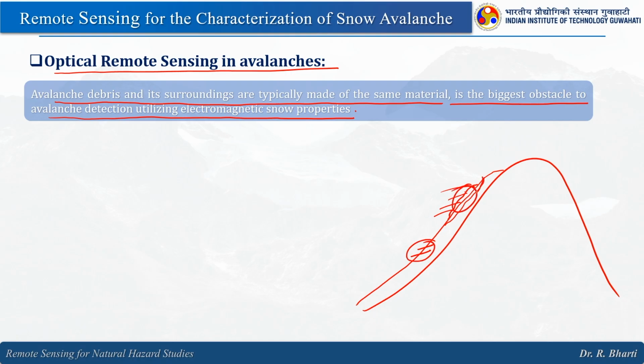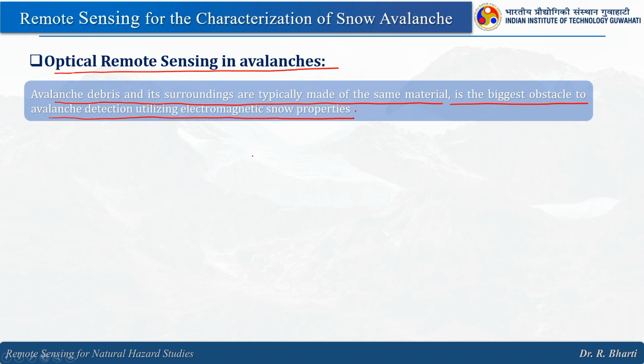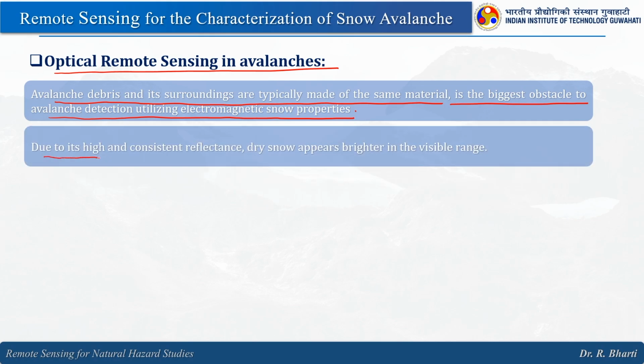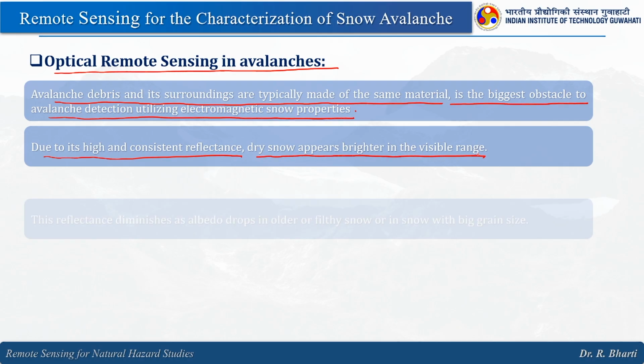So, it is very difficult to identify or monitor this using optical remote sensing, because in optical both appear similar. Due to its high and consistent reflectance, dry snow appears brighter in the visible range.